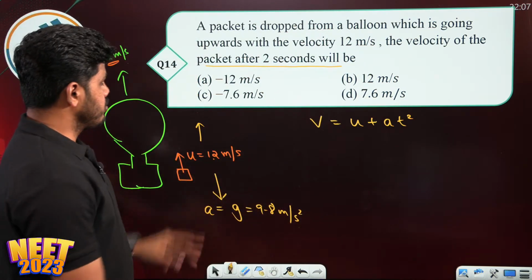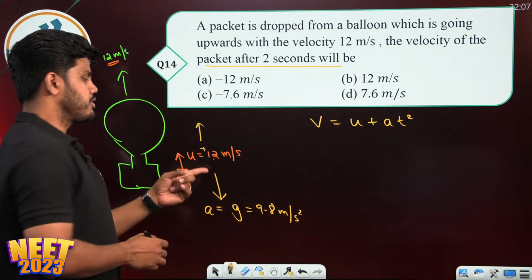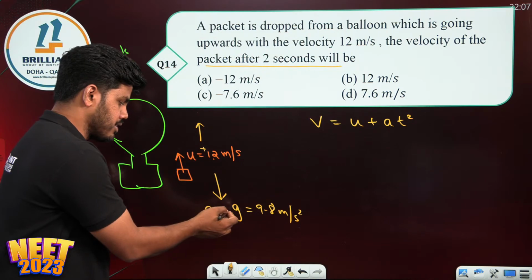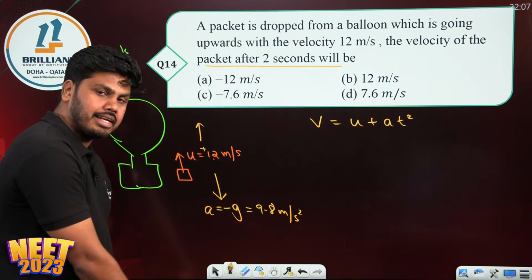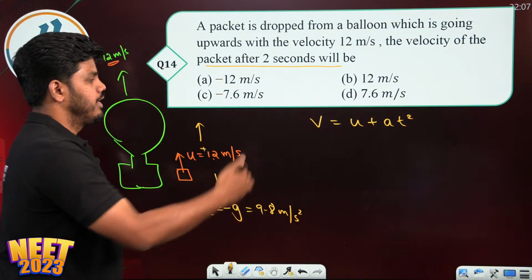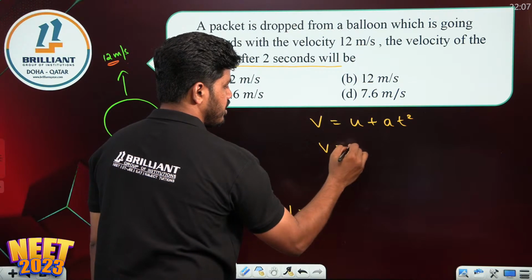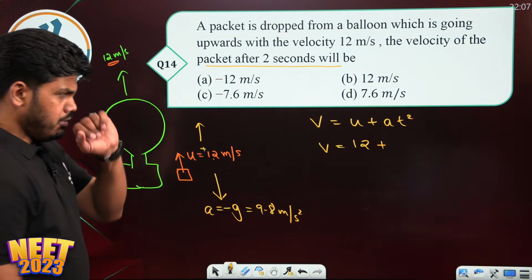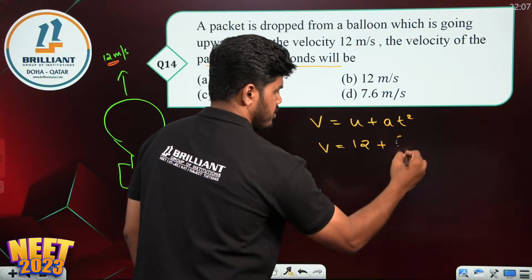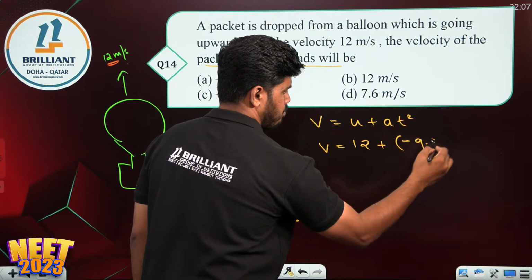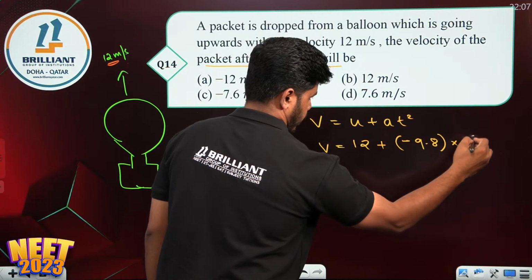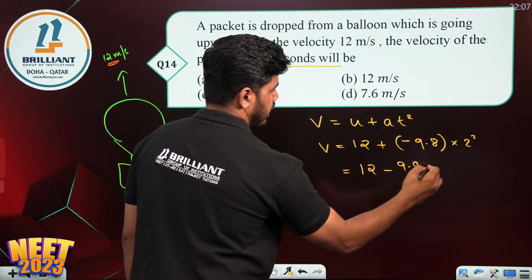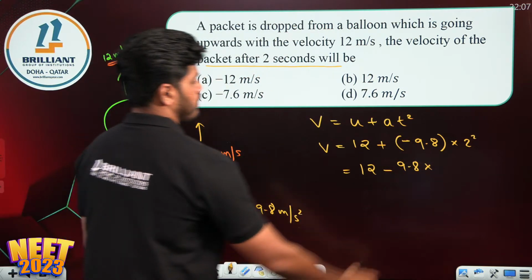Velocity you have taken as plus, since it is going vertically upward. If you take velocity as positive, your acceleration should be negative because it is exactly in the opposite direction. So final velocity v is equal to the initial velocity 12 meters per second plus g, which should be minus 9.8, into 2.